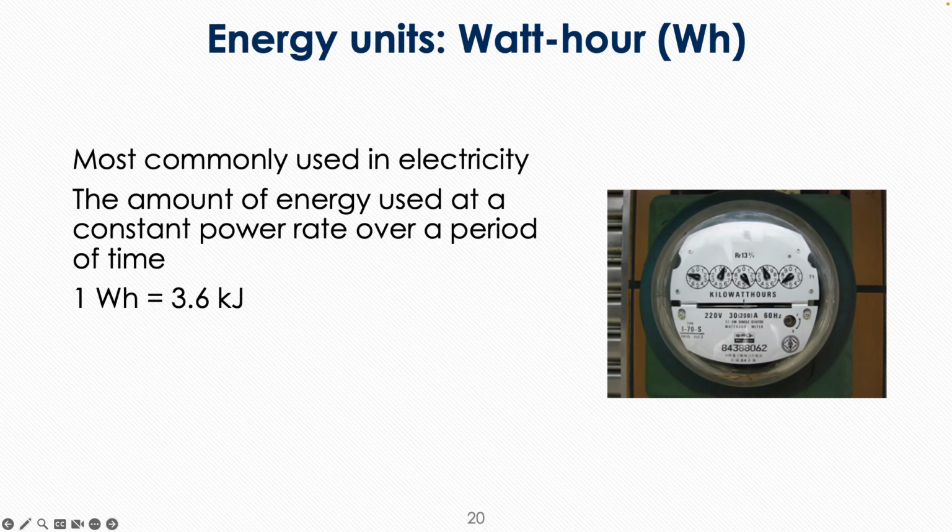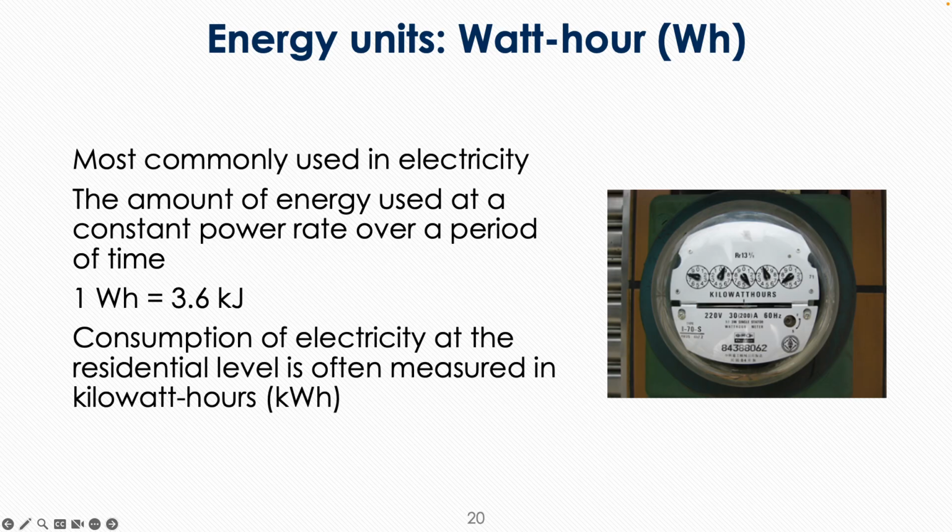Why do we use watt hours, and why are they so commonly used in electricity? Well, it's very convenient. When you measure electricity consumption, you can think of it in terms of consumption by the hour, so it's easily reported this way. This is an old-school meter, but you can go and read it and see how many kilowatt hours were consumed.